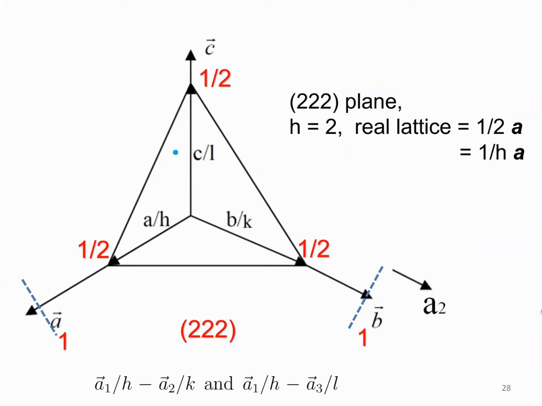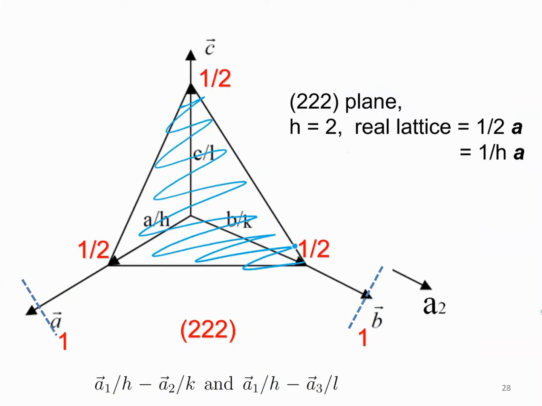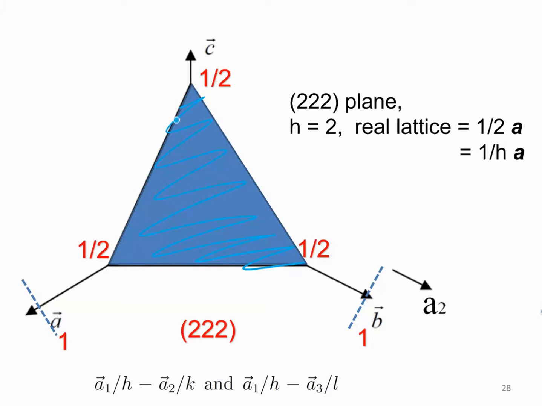Okay, so this is a plane, right? How do I define this plane? I need to get at least two lines, right? If I know the vector for this line and this line, then I can define this plane.